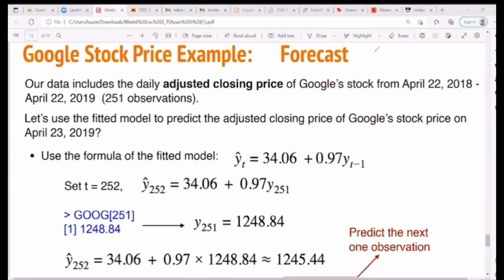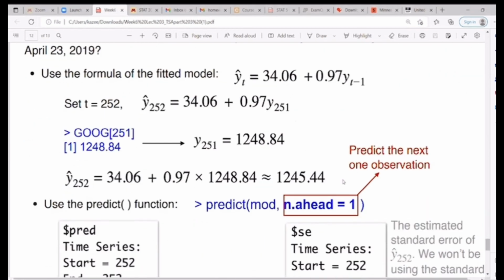Don't forget, 251 is the last value in our data set. We want to use the last value in our data set to predict for 252. Observation number 252 will be for April 23, 2019. And when we plug that in, that gives us this.